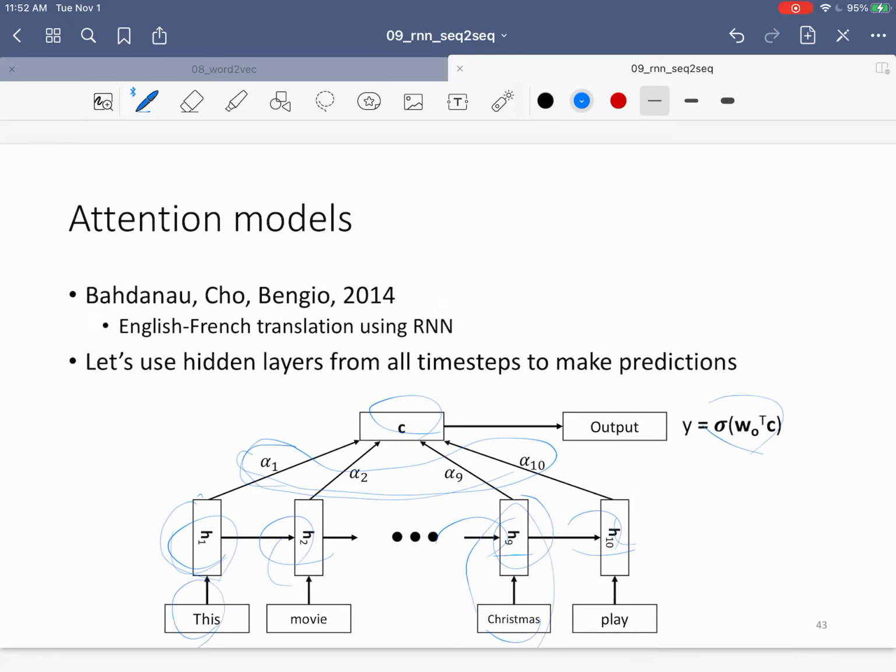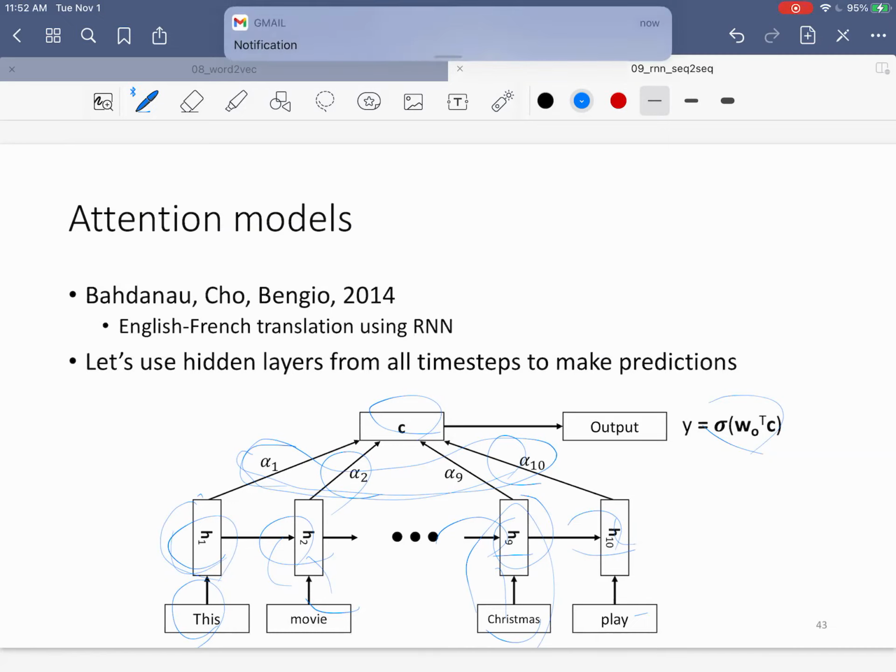Like this is not a very impactful word, but Christmas, play, movie have more weight, or have more meaning to the entire task. So hopefully those will get more alpha weight. Then we can expect increased performance, especially when we are using longer sequences.